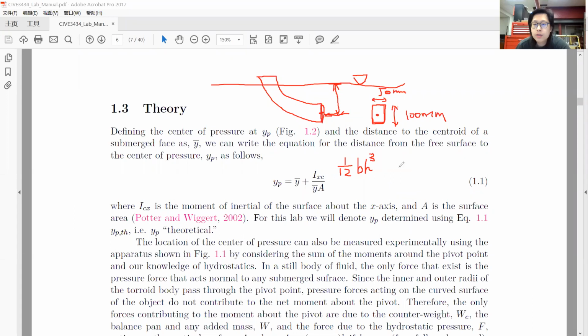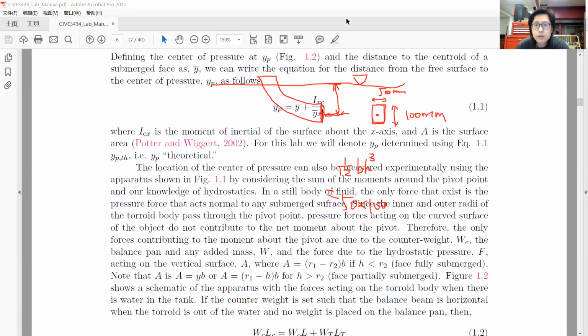B is 50, H is 100 millimeter, and the area A is just 50 times 100. And that gives you the theoretical YP. We're going to use this theoretical YP to compare with our experimental YP in the next equation.